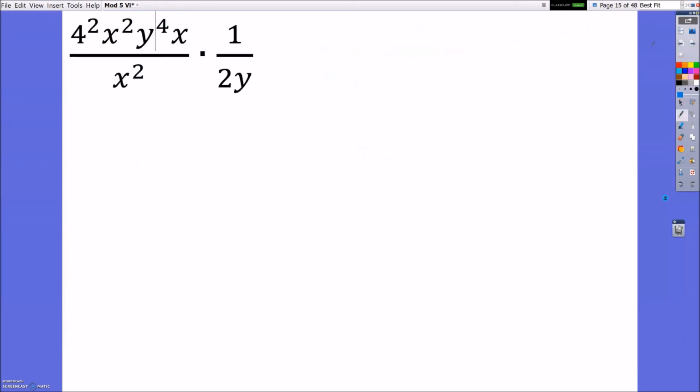Alright, so now let's go ahead and look at this one. This seems to have a lot more stuff, but remember, this is just multiplication. So I'm going to multiply this straight across first, and this is going to give me 4 squared times x to the 2nd power, y to the 4th power, times x.